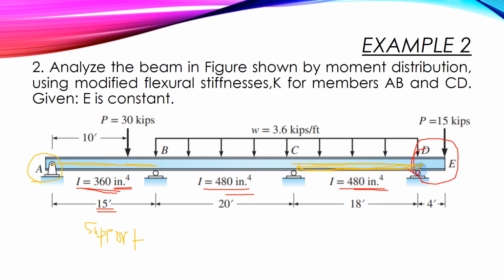If the support at the farthest end is a hinge or roller, as with A and D in this example, then the segment connected to it should be modified.